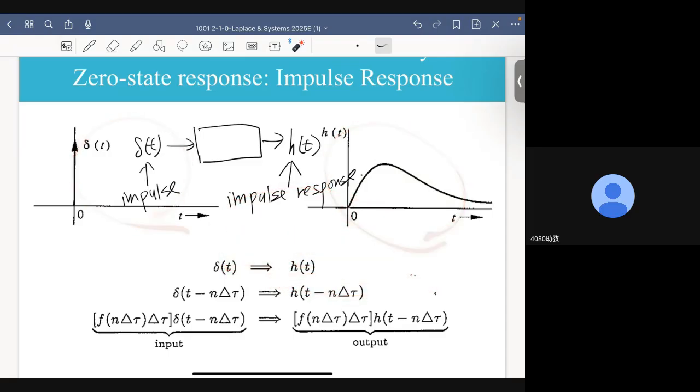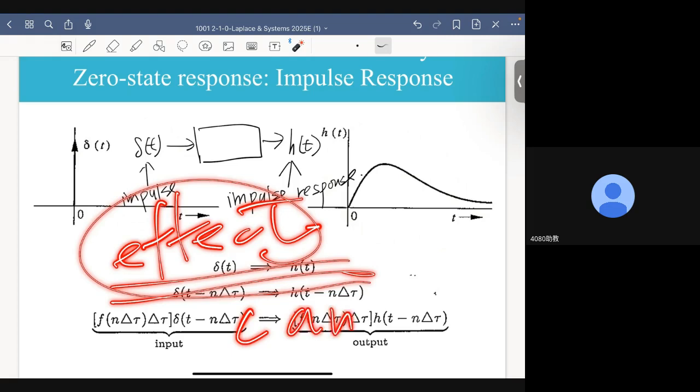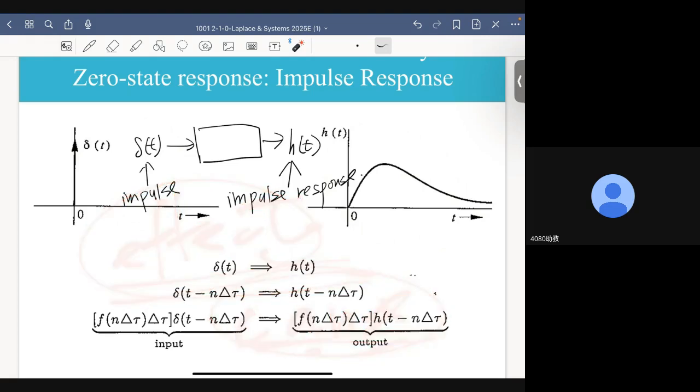For a causal system, effects always come after the cause, because for a causal system, output is always the consequence of input. This system has no sense of anticipation. Its output is always the result of the input, and the output always happens after the input.